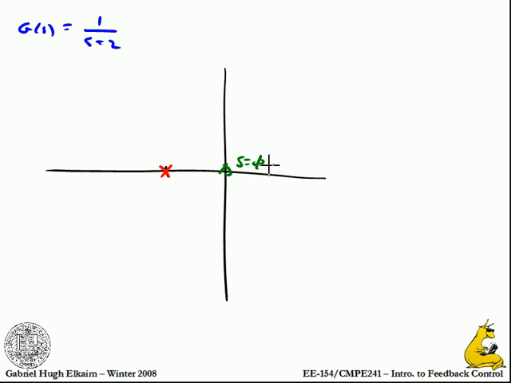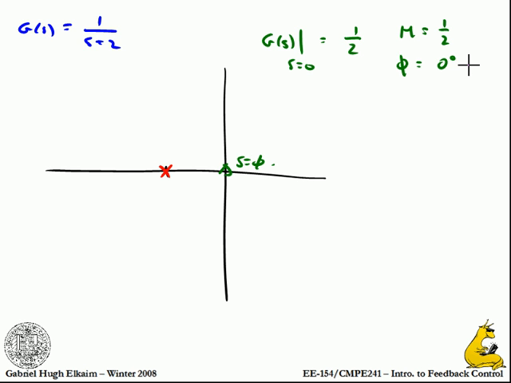For S equals 0, G of S evaluated at S equals 0 is equal to 1/2. That means the magnitude is 1/2, and the phase is equal to 0 degrees.